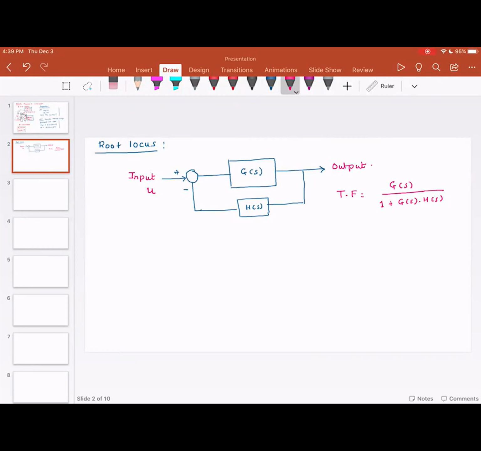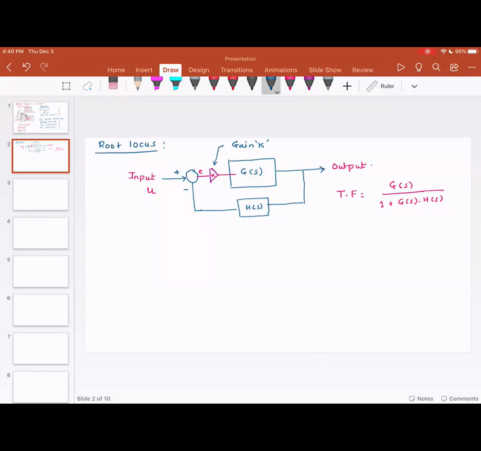Now, I want you to visualize that I'm going to add a gain term here. And what do I mean by gain? Gain means nothing but an amplifier. So whatever error I get, I'm going to amplify it by a gain K.